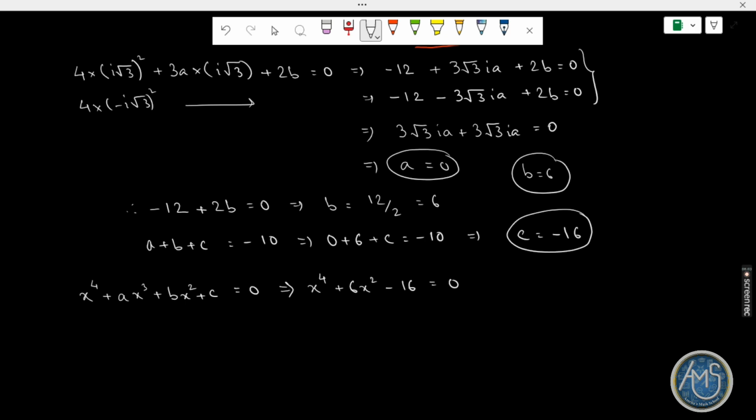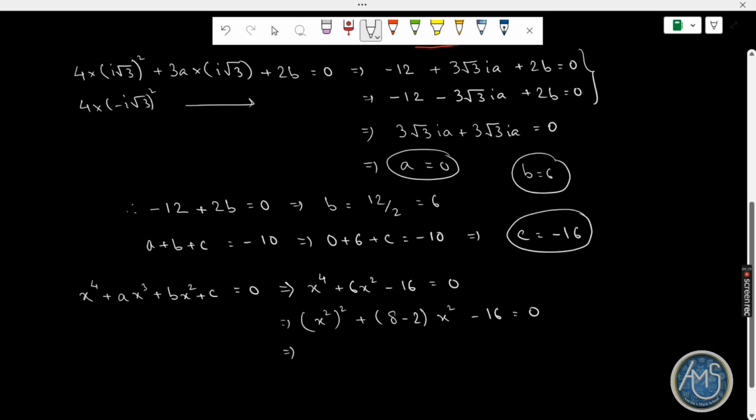So I can say it is a quadratic equation in x square. That means I can think of it as x square whole square plus, I have to find the middle term, so it will be nothing but 8 minus 2, x square minus 16 equals 0.